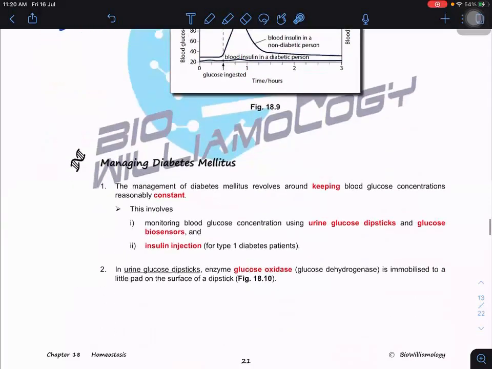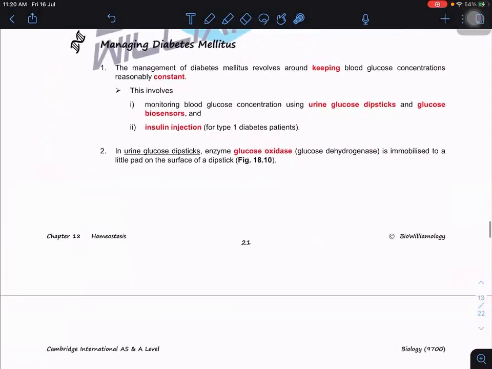So how do we manage diabetes mellitus? The management of diabetes mellitus revolves around keeping the blood glucose concentration constant. How can we do this? We can monitor the blood glucose concentration using the urine glucose dipstick.